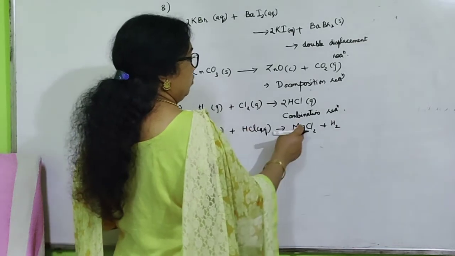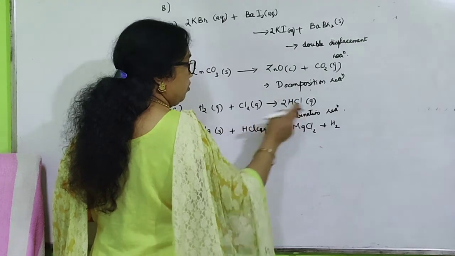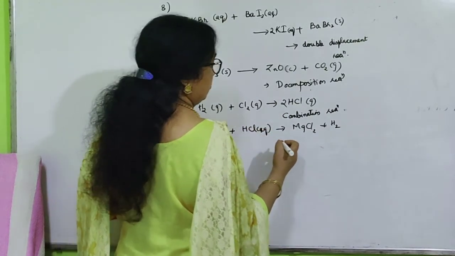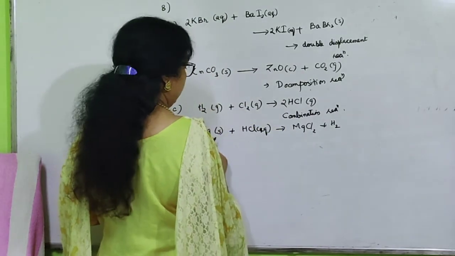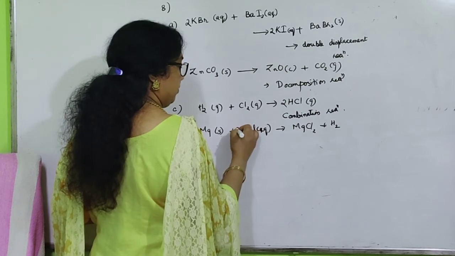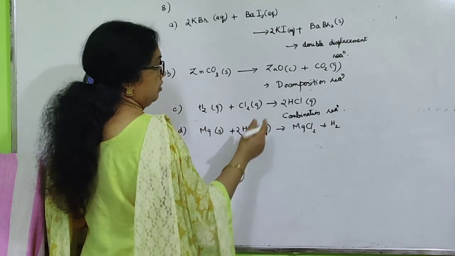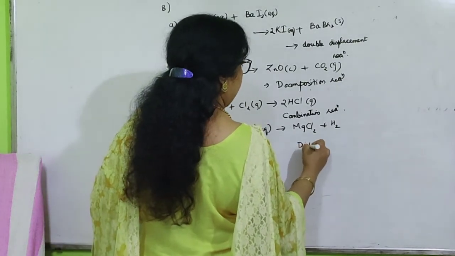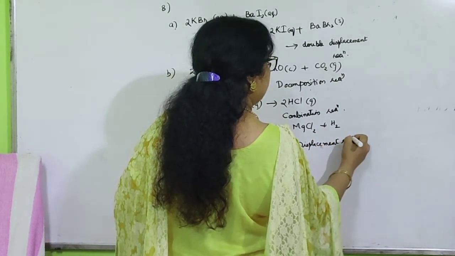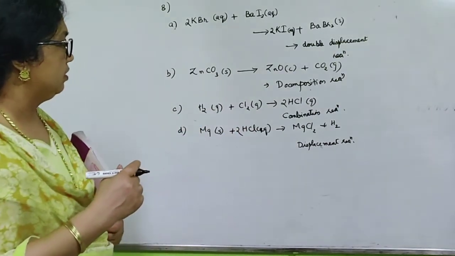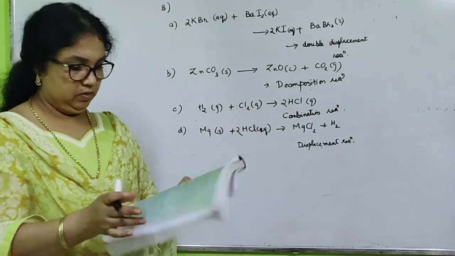Here magnesium takes the place of hydrogen in HCl and hydrogen is removed, so that is a displacement reaction. Chlorine is added to Mg; first balance it with 2HCl. You can also say reduction is happening, otherwise write a displacement reaction. Hydrogen is removed, chlorine is added, so it can be a displacement reaction.